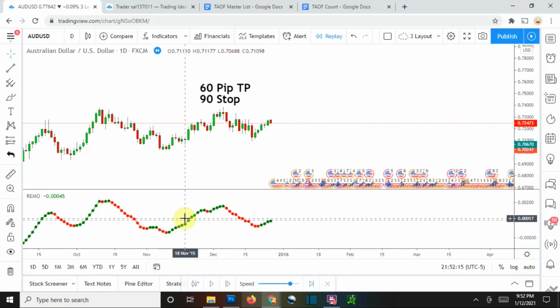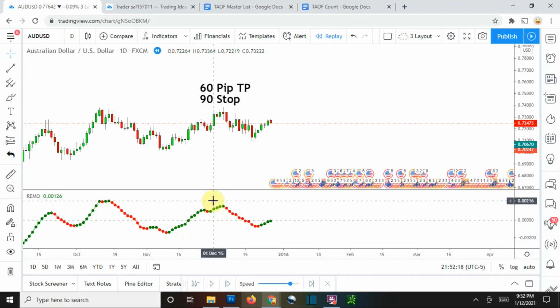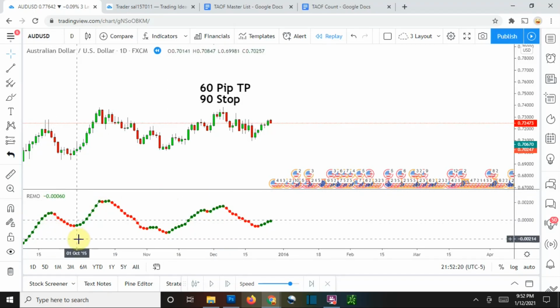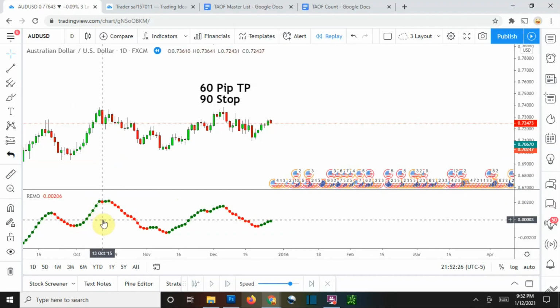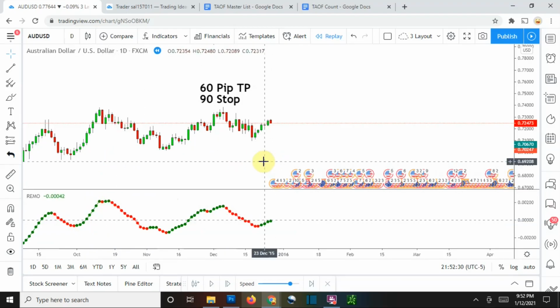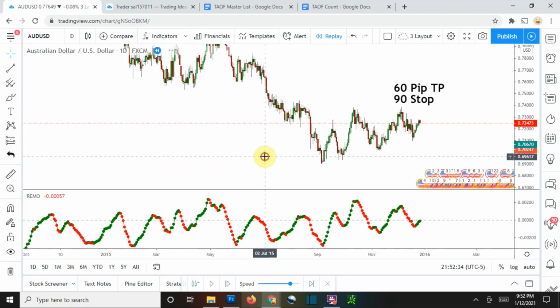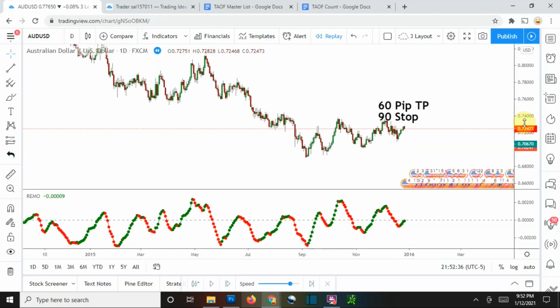And what we're basically going to do is when it goes green, when it gives us green dots, we are going to go long. When it goes red and gives us red dots, we are going to go short. So all in all, like I said, pretty simple setup, not too difficult to understand.